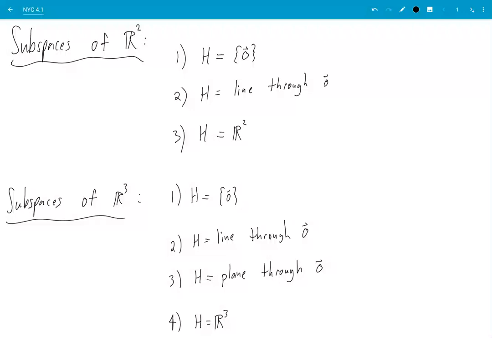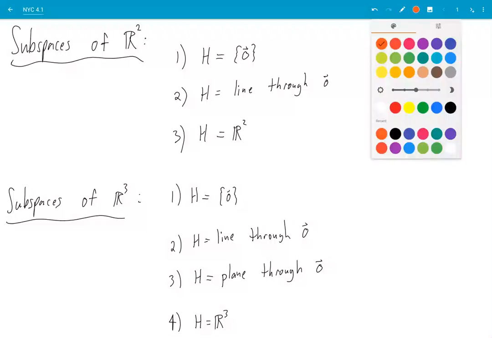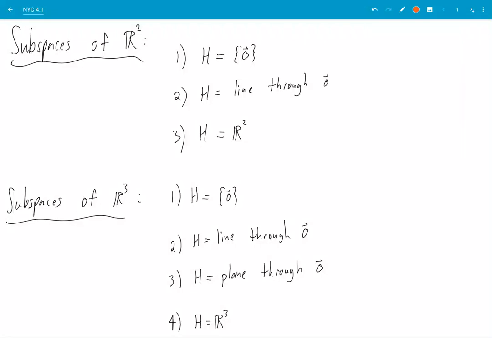Okay, so in R2 and R3, there is an easy way to classify all subspaces. This is all there is. Yeah, there is nothing else.